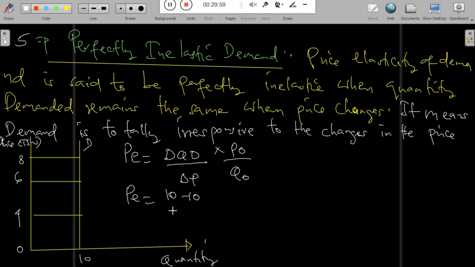So we take 10 minus 10, divided by 6 minus 4. These are all data provided from your graph over there. Then we take times 4 over 10. So the price elasticity of demand will be equal to 0 over 2 times 4 over 10. That will give you 0 over 20. So 0 divided by 20, the price elasticity of demand will be equal to 0. So that is how it is.